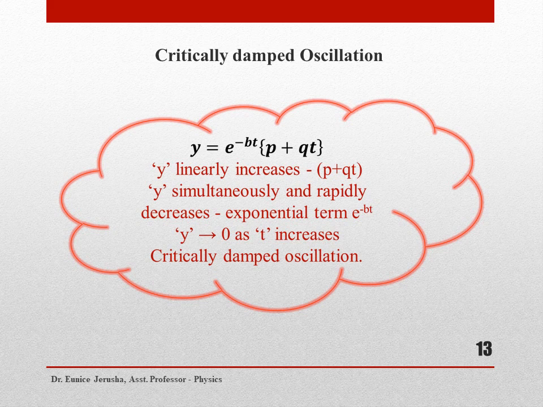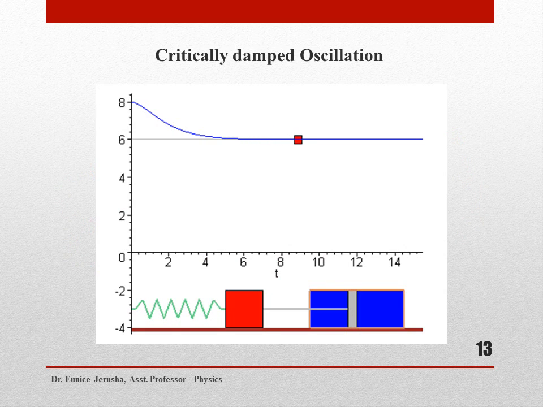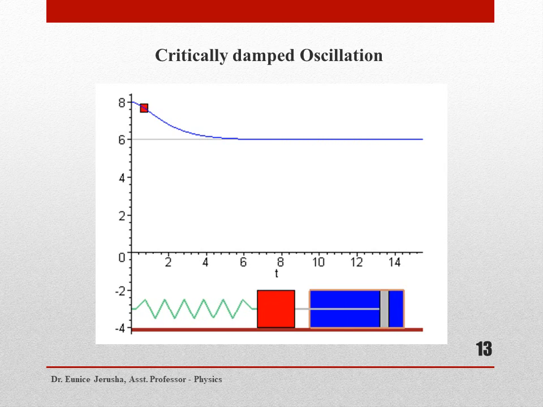Therefore, y rapidly tends to 0 as t increases. Such an oscillation is called a critically damped oscillation. It is observed from this animation that the oscillator rapidly decreases in its amplitude with time.